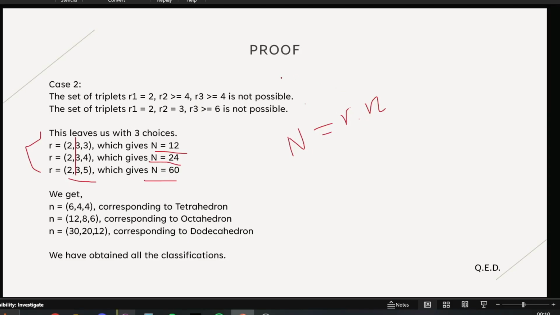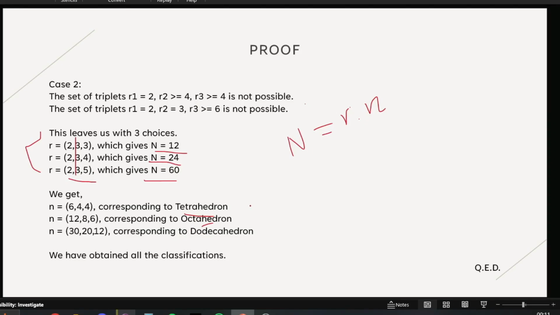So this basically gives us the tetrahedron. This combination gives us the octahedron. The 24 rotations give us the octahedron, and the 60 rotations give the dodecahedron. So we have eliminated every other case from our observation.